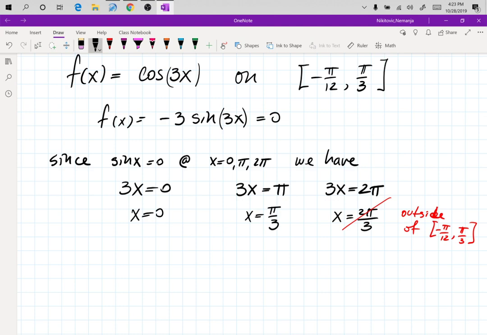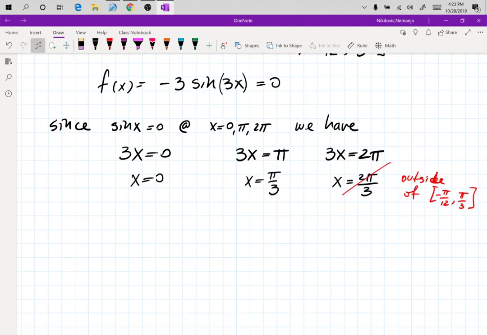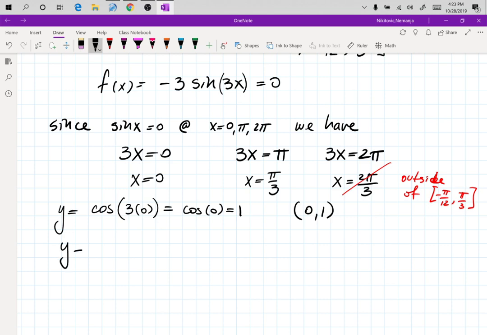That's fine. So now I'm going to find the y values. y equals cosine of 3 times 0, which is cosine of 0, which is 1. So I have my first point at (0, 1). And y equals cosine of 3 times pi over 3, which is cosine of pi, which is negative 1. So I have (pi over 3, negative 1).